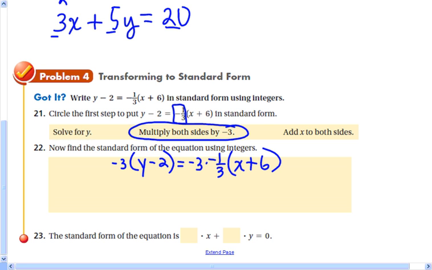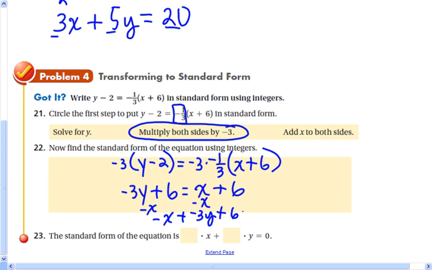When I do that, I end up with -3y plus 6 is equal to, -3 times -1/3 is 1, and 1 times any number is just the number. Now, if I subtract x from both sides, or add -x to both sides, I get -x plus -3y plus 6 is equal to 6.